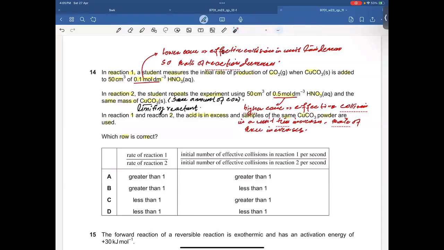So first of all, let's talk about the rate of reaction in both experiment 1 and experiment 2. In experiment 1, we have a low rate of reaction, so this must be lower or slower. In experiment 2, rate of reaction is faster.